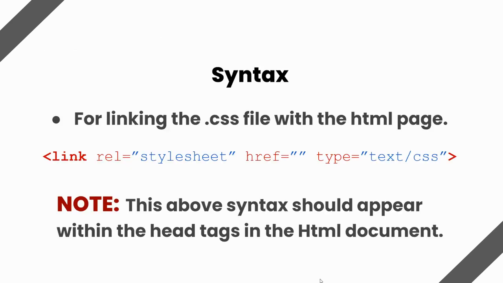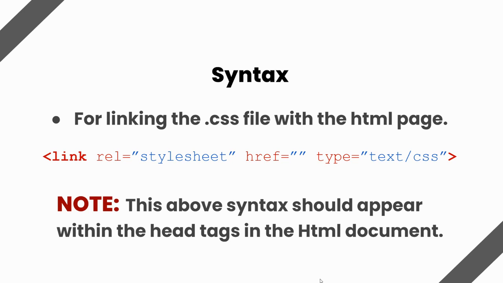From the syntax, you can see that the type attribute is assigned the value text/css. This is the default value for the type attribute within the link tag for CSS.